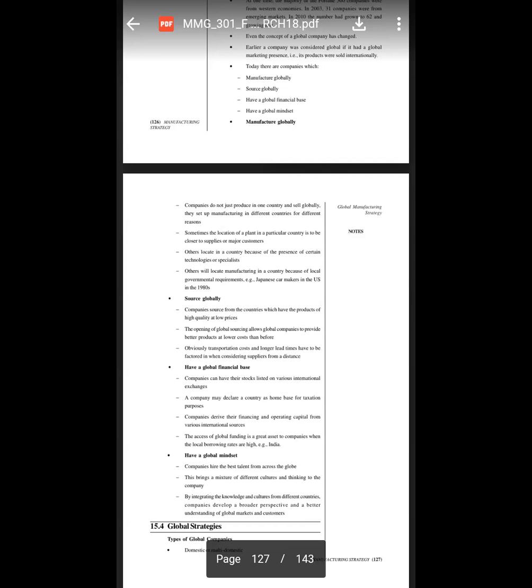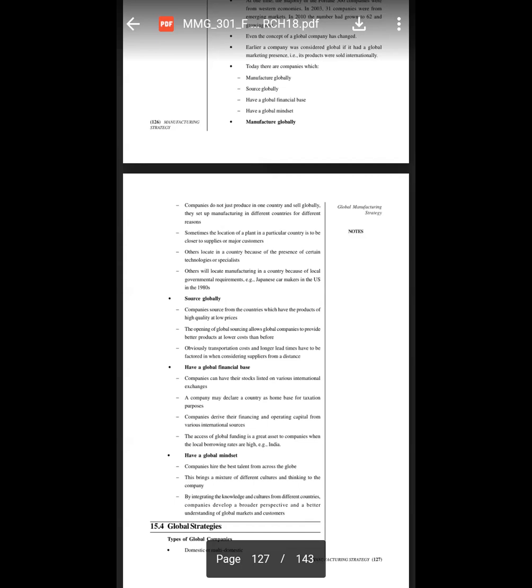Now I will give you the example of Chinese products, right? China is our neighboring country, right? If you see, the import of products from China to our country is very large. Even in the field of toys also, we are getting Chinese products only because they are cheaper in cost and the quality is also not so bad, I must say.